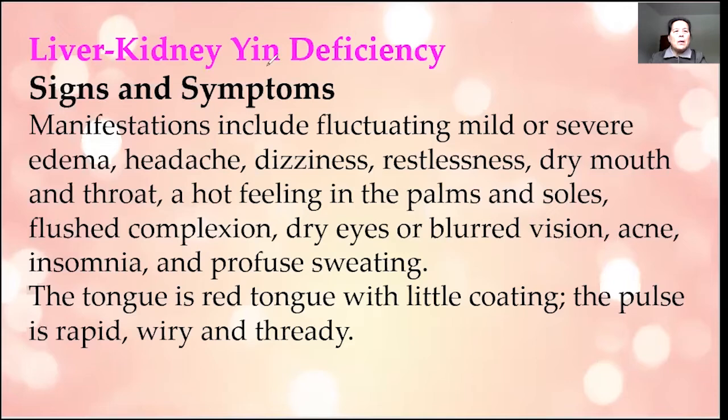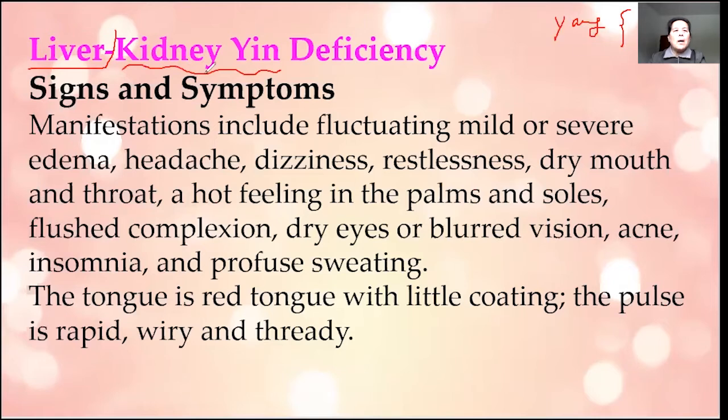Then we're talking about another pattern, kidney yin deficiency. Kidney is pretty commonly with liver yin deficiency together. We're talking about yang deficiency: usually they will come in with spleen yang and kidney yang together.